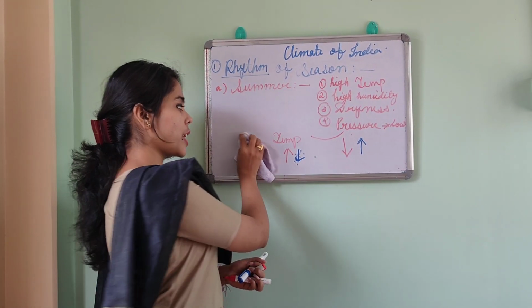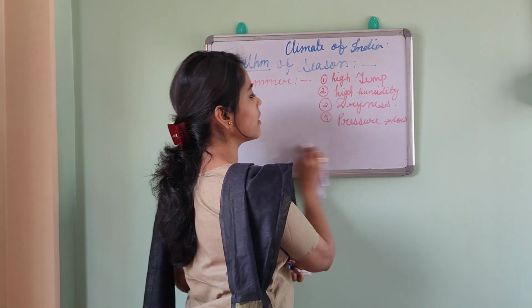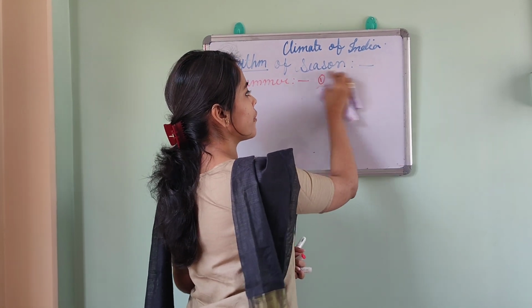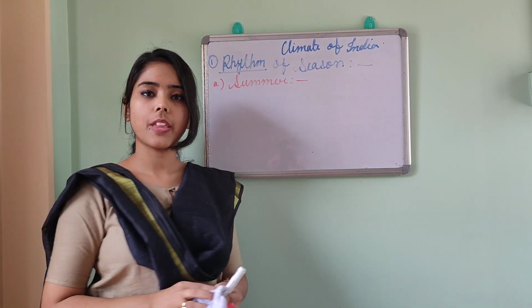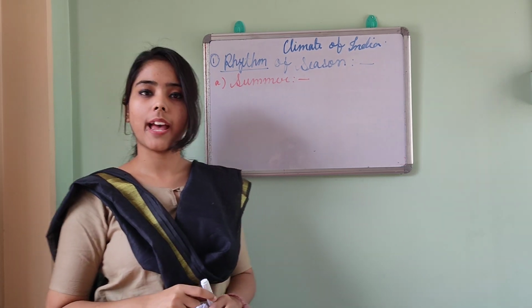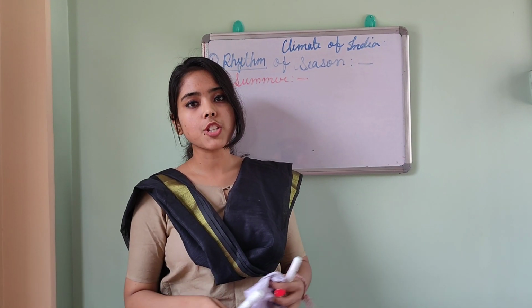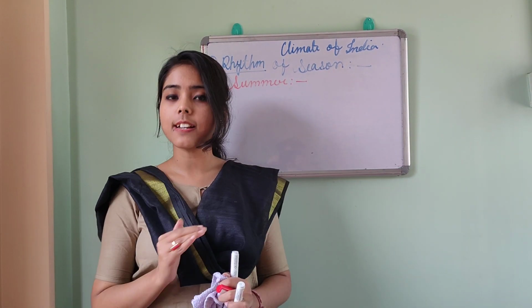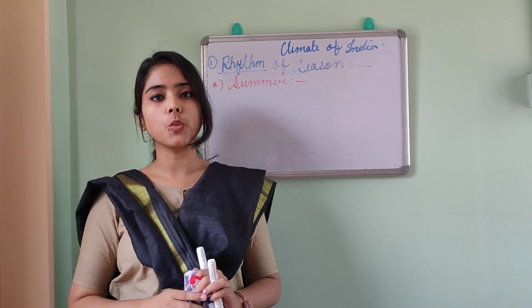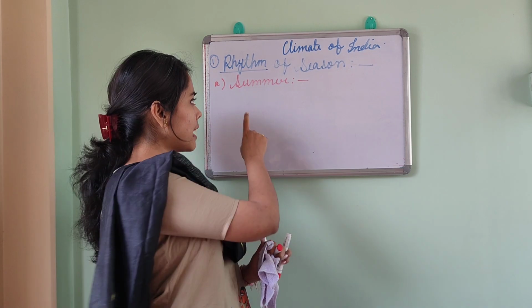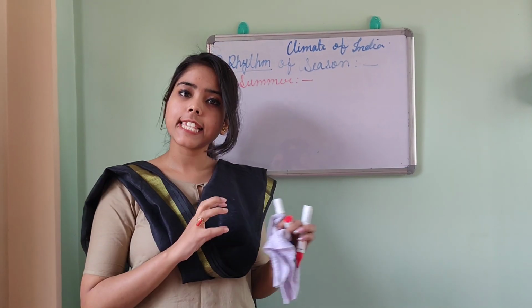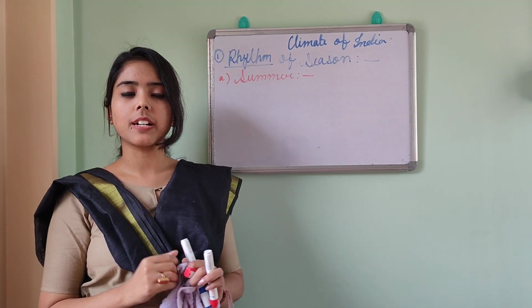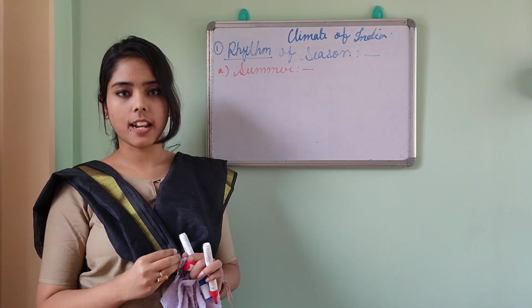Now, one question may arise: why is the temperature very high in summer season? Because we all know that from 21st of June the sun starts its northward movement, right? In this season, in the northern hemisphere, the sun gives its direct sunlight.